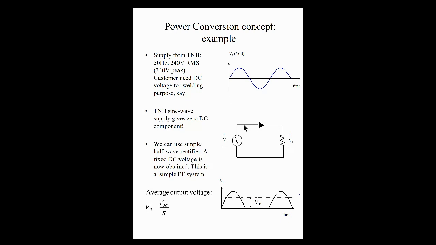So your AC comes in, and what you get out is only the positive cycles. There's the concept of average output voltage, which we'll be looking at. Average output voltage in this case would be the peak divided by pi. So this peak voltage divided by pi would be the average output voltage. So that's how you do that type of calculation.